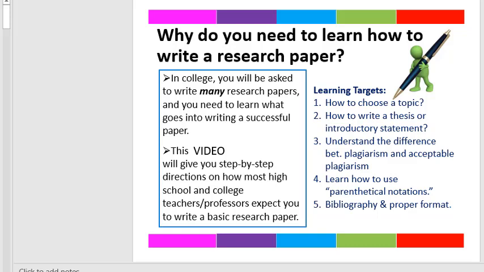In this video we will explain step-by-step guides: how to write research papers, how to choose a topic for a research paper, how to write the thesis or introductory statement, understand the difference between plagiarism and acceptable plagiarism, and learn to use parenthetical notations, bibliography, and proper format. We will study these things in great detail, so don't skip the video at any time.